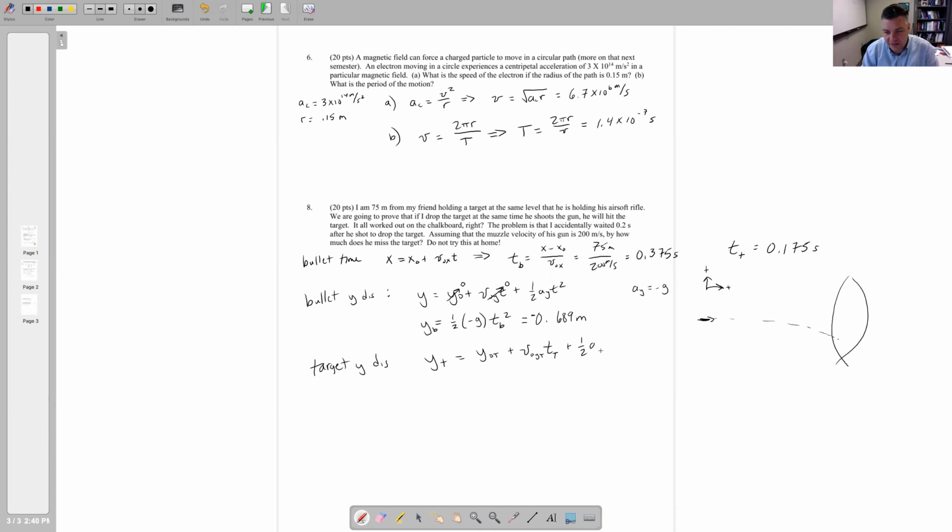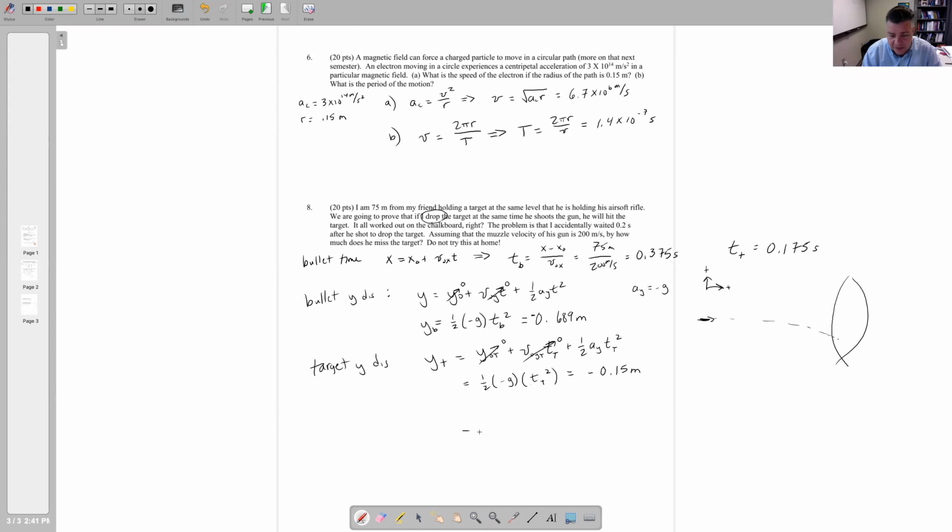Plus 1/2 a sub y t squared. Once again, I dropped the target, so the velocity in the y direction is 0. We called that height 0 anyways. So this is going to be 1/2 negative g multiplied by the time of the target squared, which we've already determined to be 0.175 seconds. That gives us negative 0.15 meters.